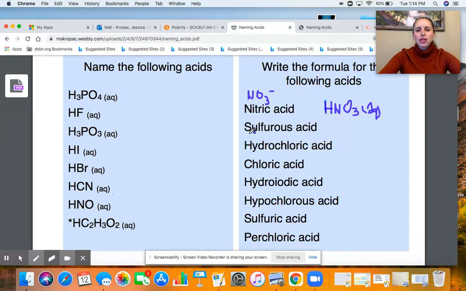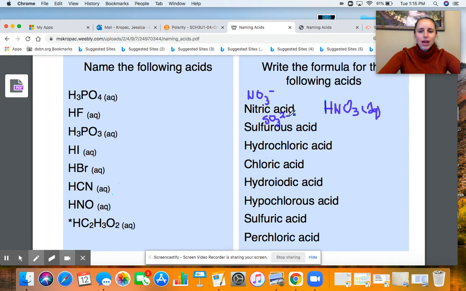Now we're going to look at sulfurous acid. I don't see that hydro, so again, I know I'm dealing with a polyatomic compound. I'm looking for a polyatomic compound that's got the root of sulfur and the ending of ite, right? Ous means ite. So in this case, I'm looking at sulfite. Sulfite is going to be SO3, and sulfite has a charge of 2 negative.